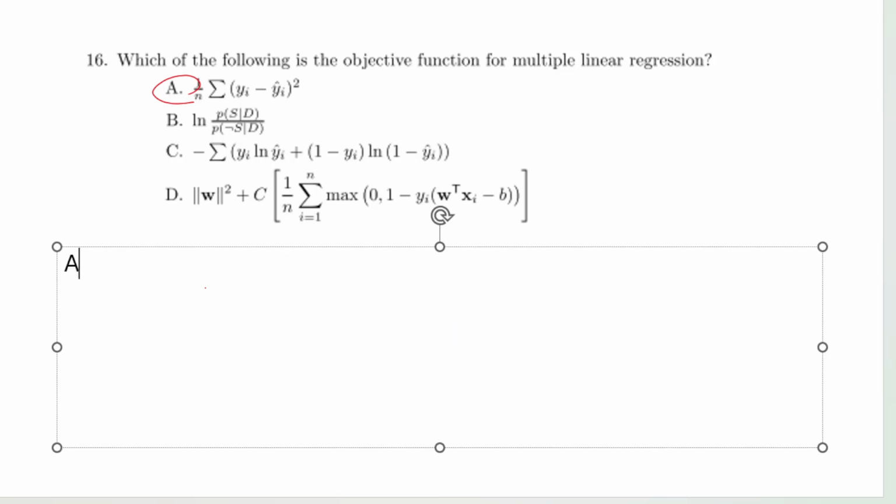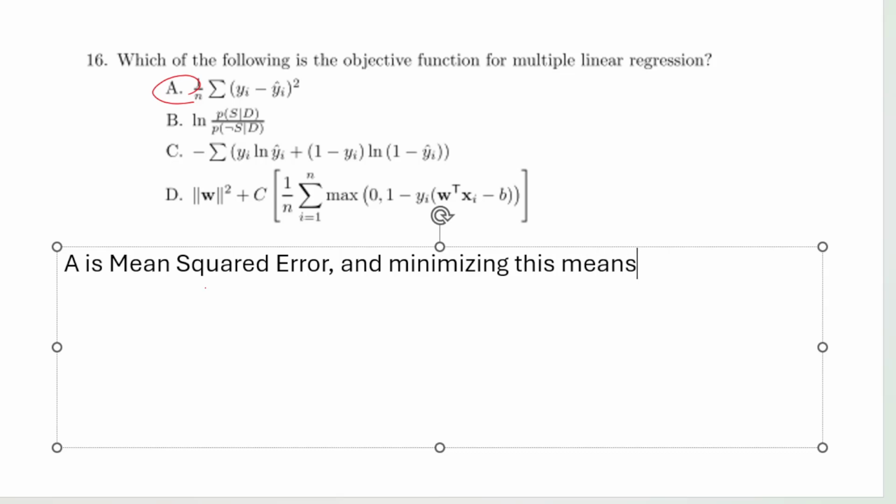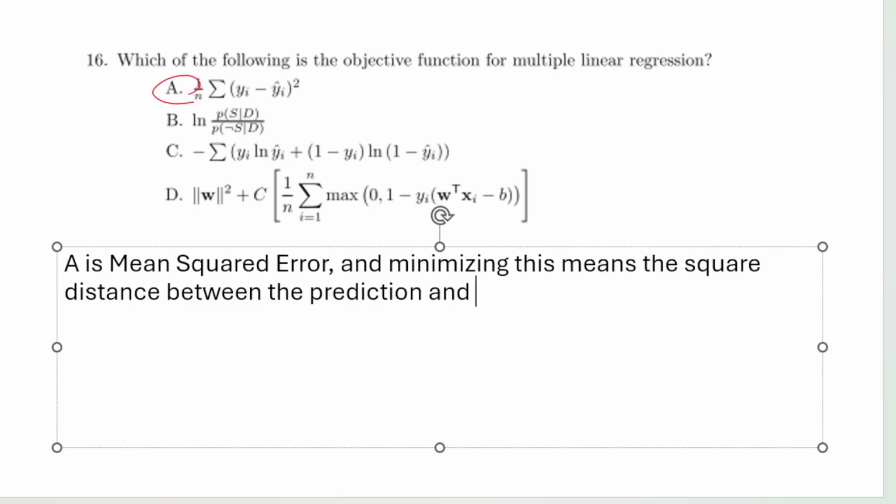A is mean squared error. Minimizing this means the squared distance between the prediction and the actual data is minimized.